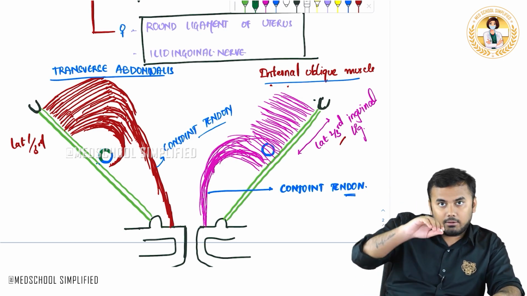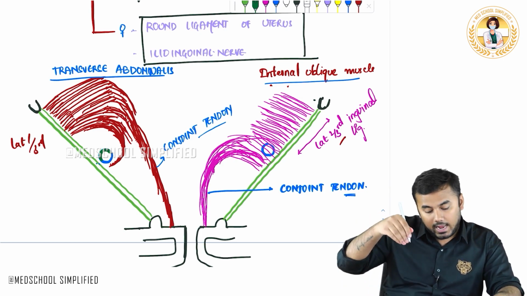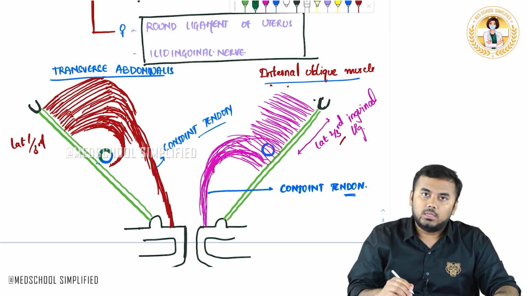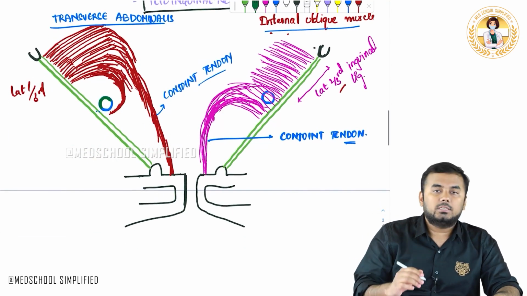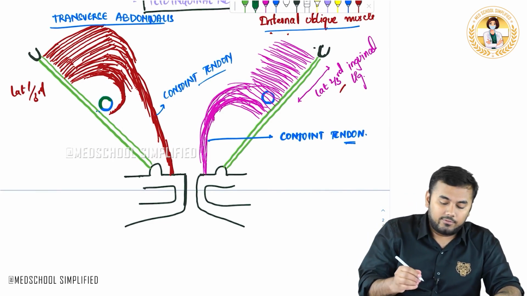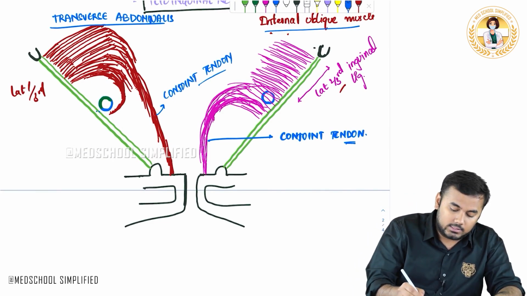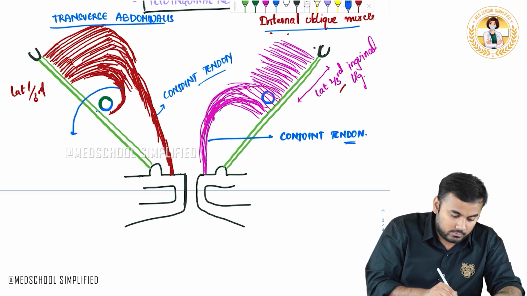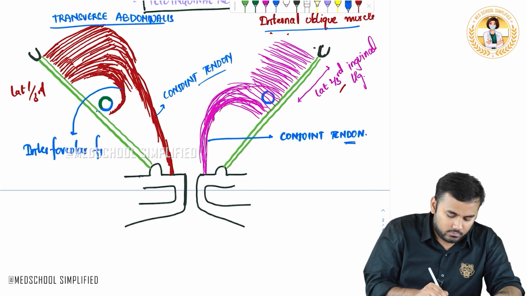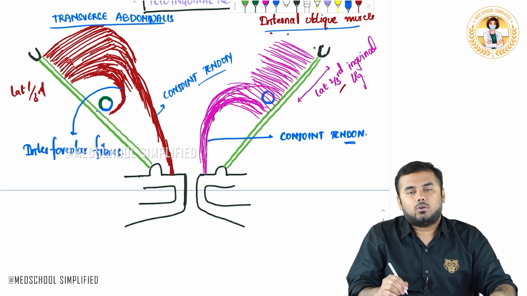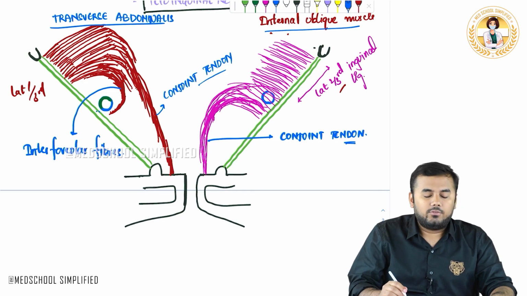So these fibers are making an arc like this, and they are covering the medial surface of the ring here. Now these fibers are called interfoveolar fibers, okay? So these fibers over here are called interfoveolar fibers.